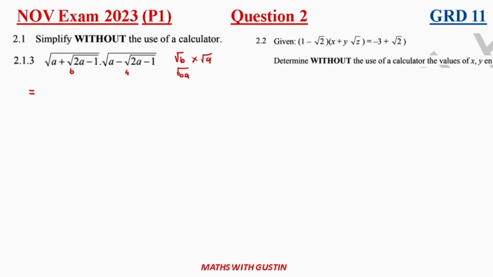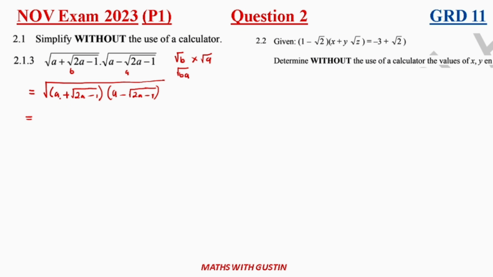We've got a square root and a square root, so we can put them under the same umbrella of a square root. All right, but however they need to multiply each other. A plus square root of 2a minus 1 close, and therefore a minus square root of 2a minus 1. There you go. All right.